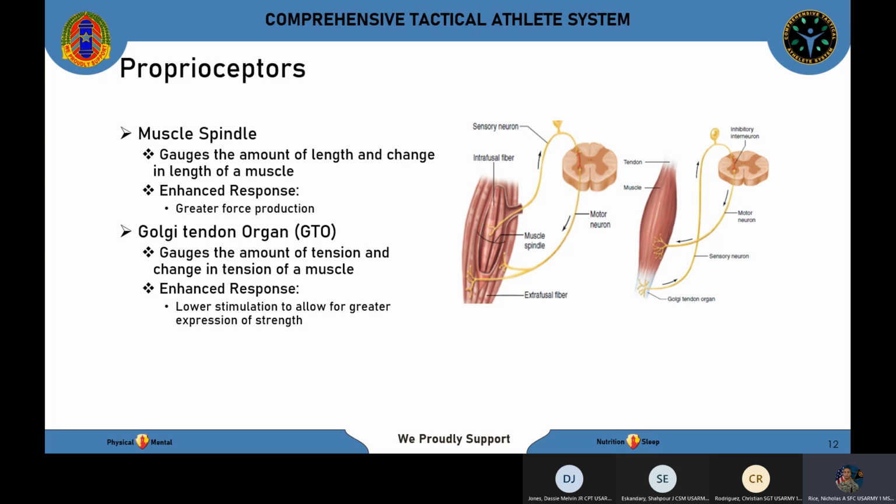For the first 6 to 10 weeks of resistance training, what you're doing is you're teaching your body with that external resistance to stop limiting your force production so that your GTO stops inhibiting that action so you can actually move more weight.